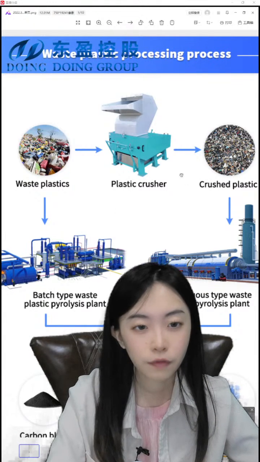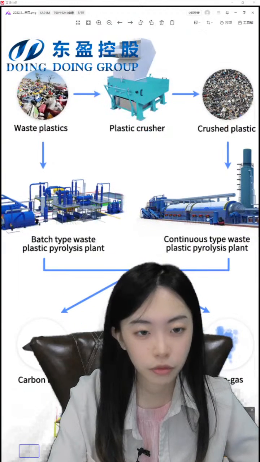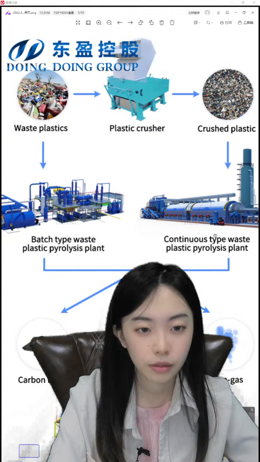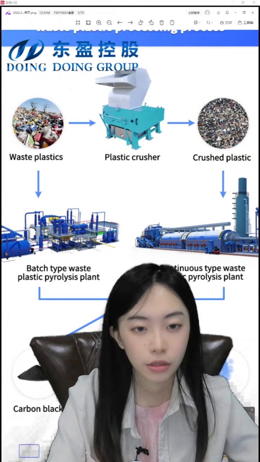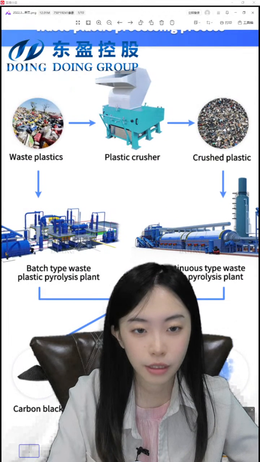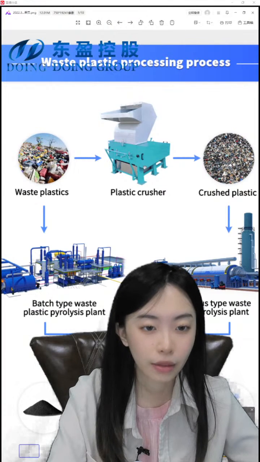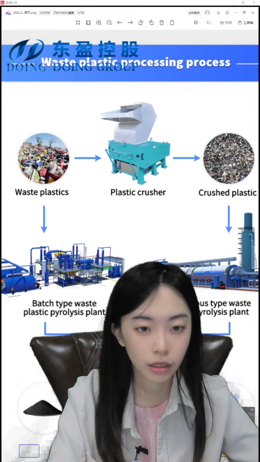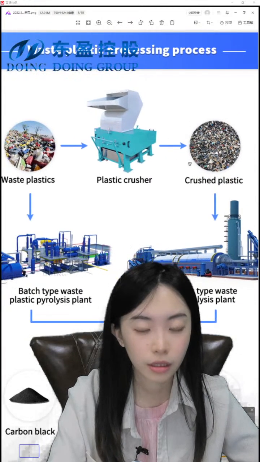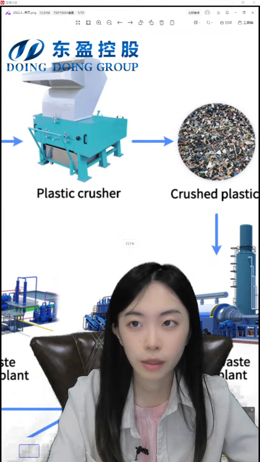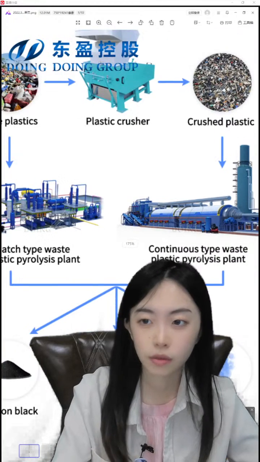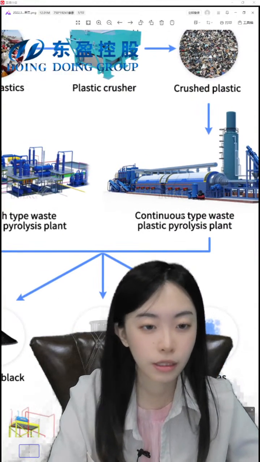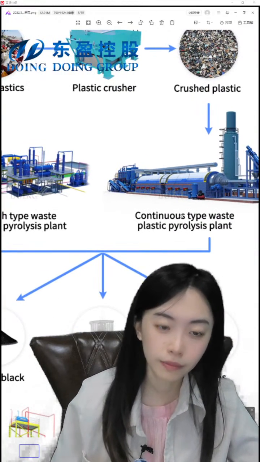If you choose the continuous type waste plastic pyrolysis plant, then we need to use a plastic crusher, the hammerhead crusher, the hammer plate crusher, or another crusher to crush it into smaller particles. Then we can put it into the reactor by using the winch feeder.